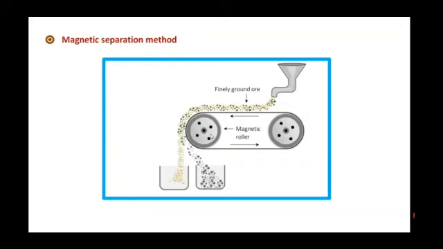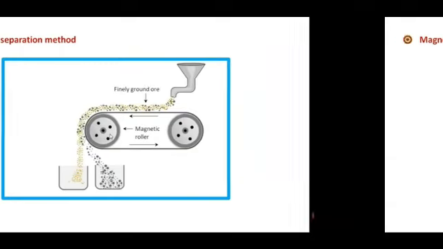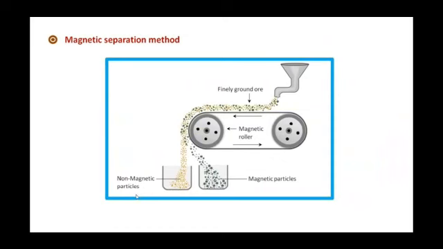When crushed ore is dropped on the rollers, the magnetic roller will attract the magnetic particles and they will fall near the magnetic roller, and non-magnetic particles will fall separately, apart from the magnetic roller. By this method, we can separate magnetic particles from non-magnetic particles.